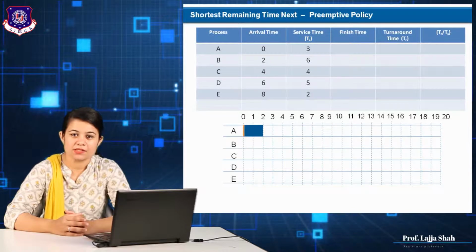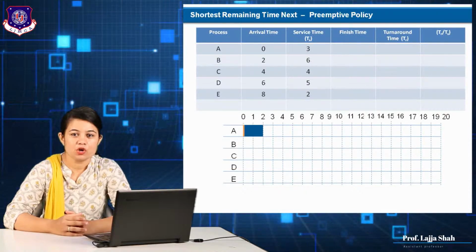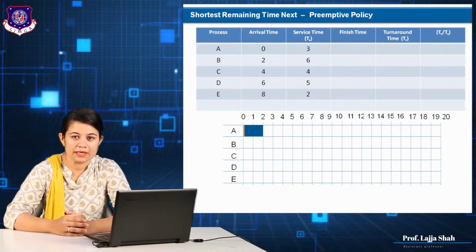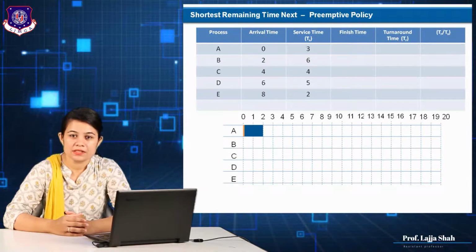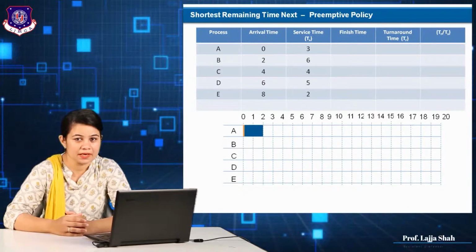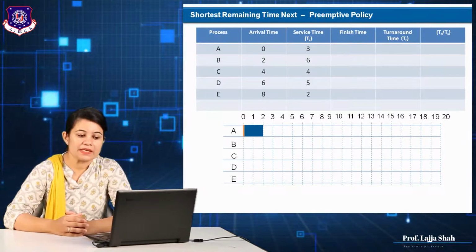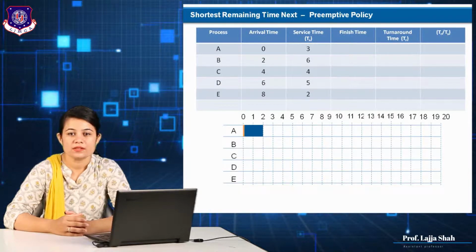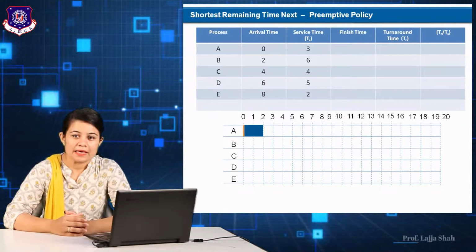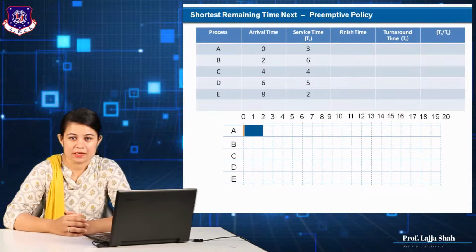Process B has just arrived. It has not started its execution yet, so its total service time will be considered as its remaining time. So A's remaining time is 1 second and B's remaining time is 6 seconds. A has the shorter remaining time.